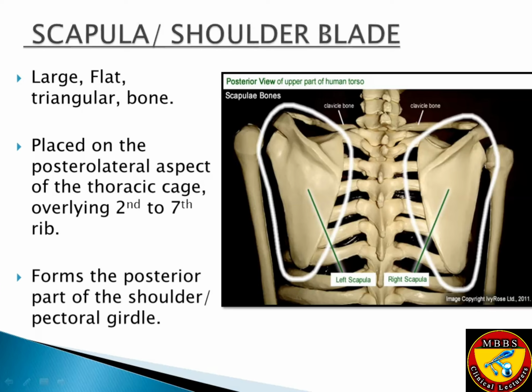The scapula forms the posterior part of the shoulder or the pectoral girdle. So this bone, which is present on the posterolateral aspect of the thoracic cage, is a triangular and flat bone called scapula, extending from the second rib up to the seventh rib.